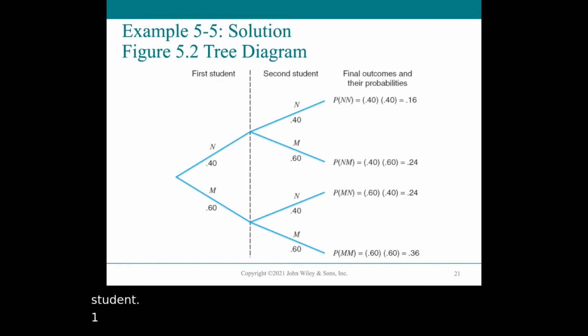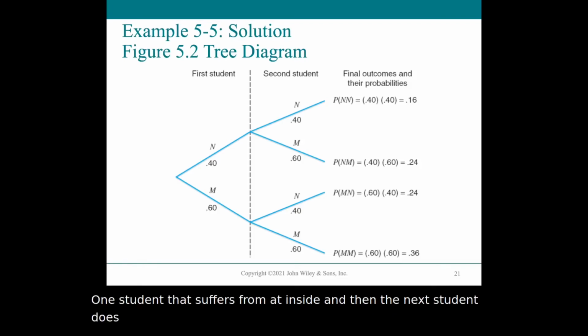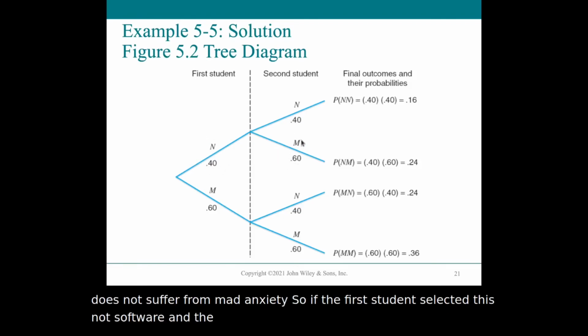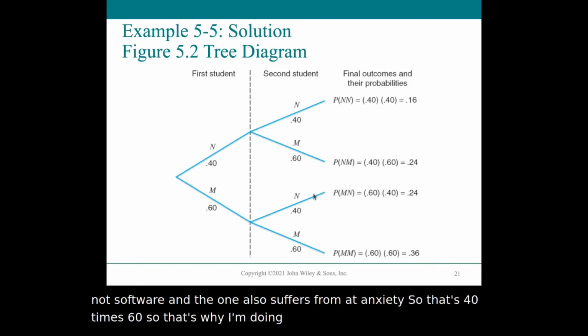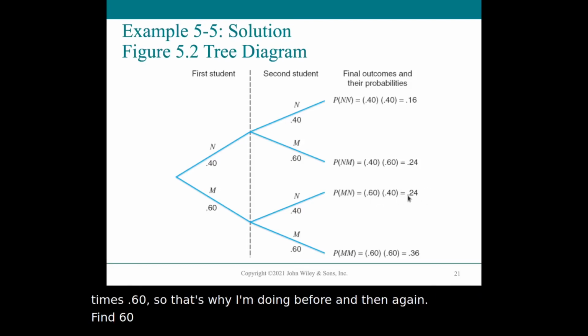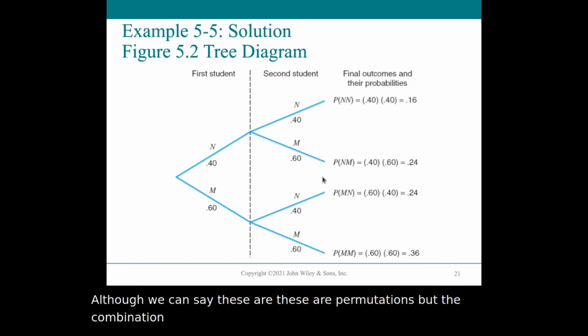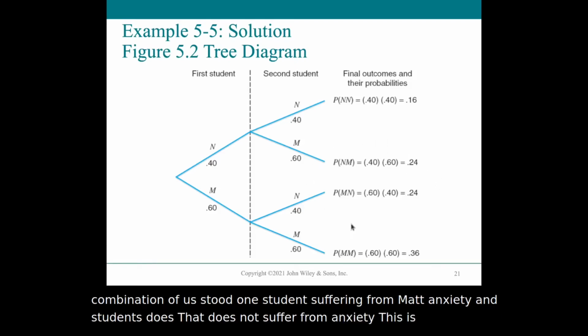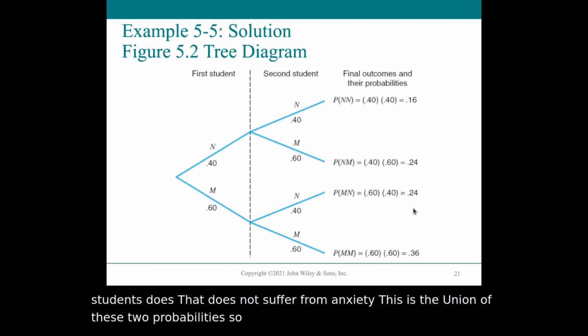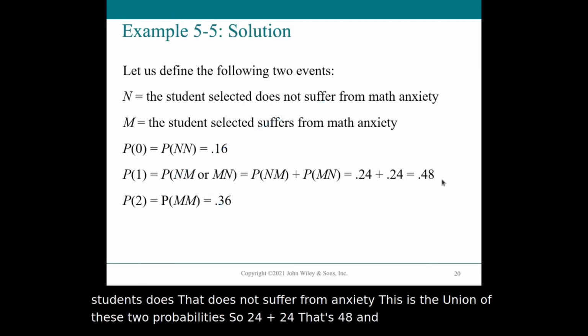If the first student selected does not suffer and the second suffers from math anxiety, that's 0.40 times 0.60, so that's 0.24. And then again, 0.60 times 0.40, that's 0.24. Although we can say these are permutations, the combination of one student suffering from math anxiety and one student not suffering is the union of these two probabilities. So 0.24 plus 0.24, that's 0.48.